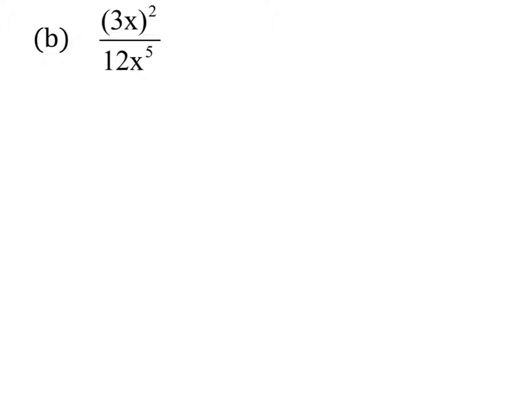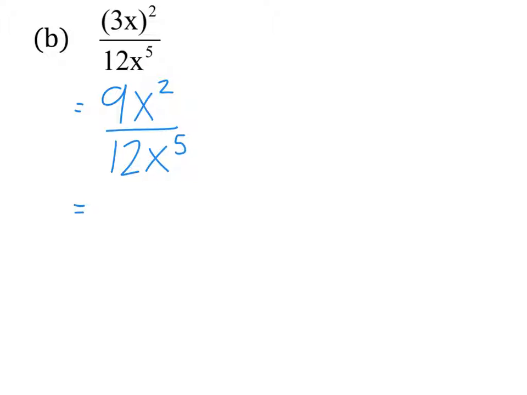Our second indices question. So once again we want to simplify and leave the answer with a positive power or a positive index. So on the top line we have 3x, and that's all squared, divided by 12x to the power of 5. So considering the numerator first, we want to square everything in the bracket, so that's 3 squared, which is 9, and x squared, over, and we have 12x to the power of 5.